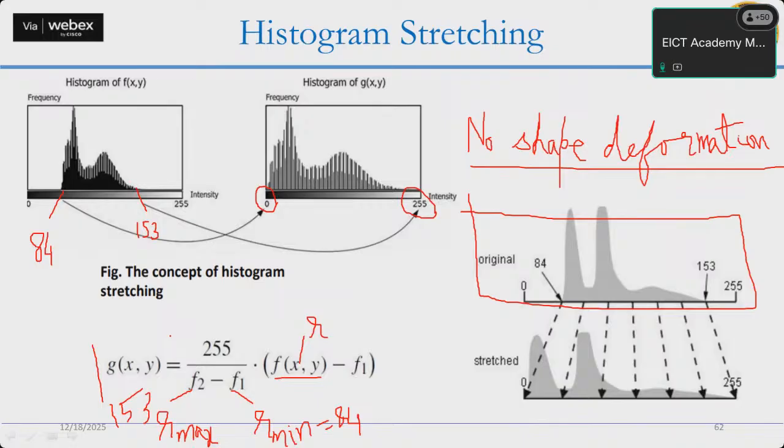It is a two-dimensional signal, X, Y. But what is very interesting to see from this formula is how it has been written in such a way that whatever histogram you give, it will always stretch from 0 to 255. That's why it becomes high contrast.